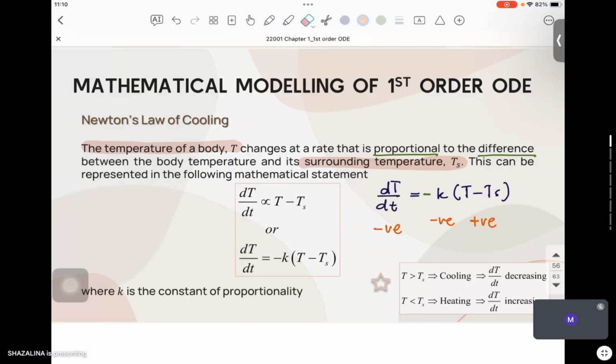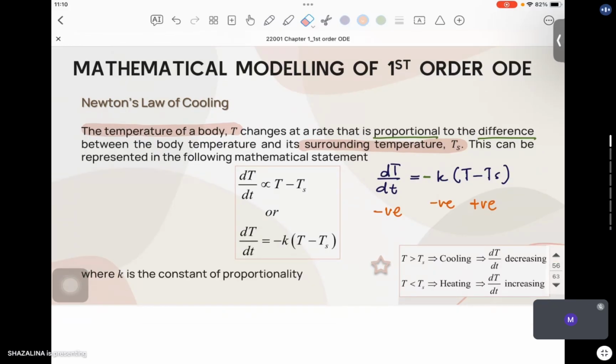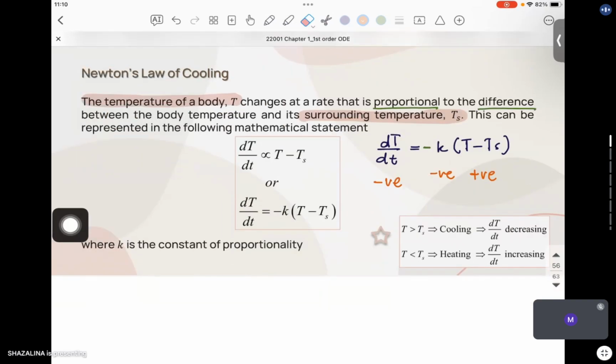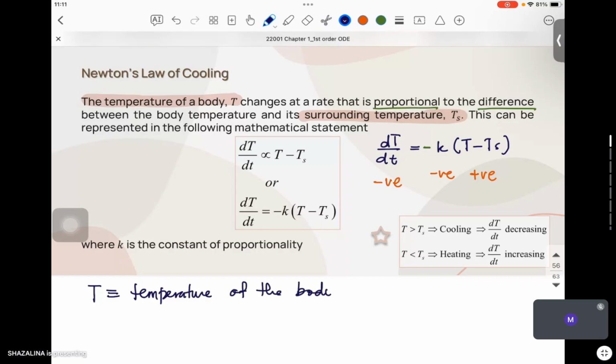Tak pun. Okay, so kita continue. Sekarang nak faham pula. Now we want to understand the parameter. Okay, capital T here represent temperature of the body. Saya tulis balik satu persatu. Okay, body ni apa?